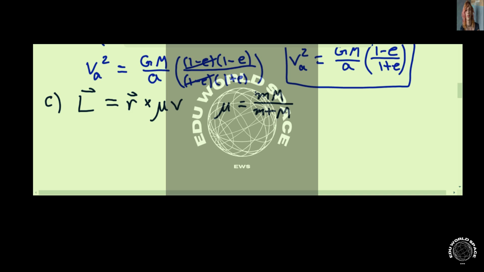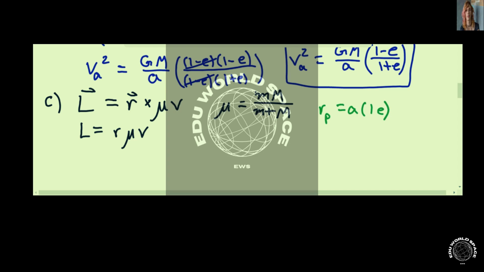Furthermore, at perihelion and aphelion, we know that the radius and the velocity are perpendicular to each other. So we can just say that the angular momentum equals r times mu times v. Then if we use what we know about, let's say perihelion, we know that r at perihelion is equal to a times 1 minus e.